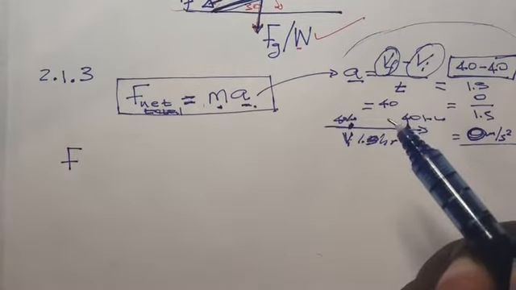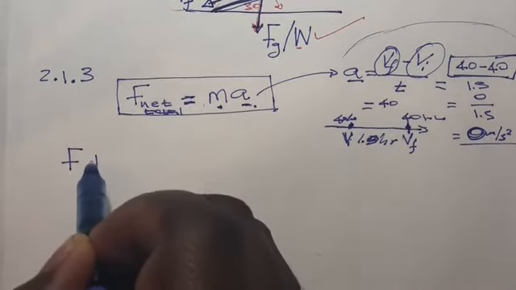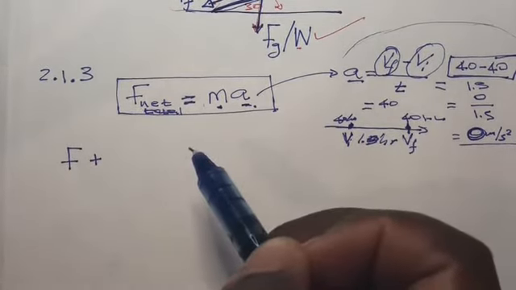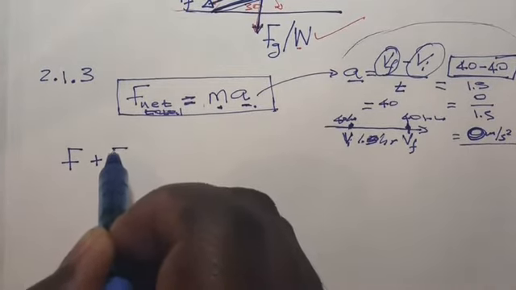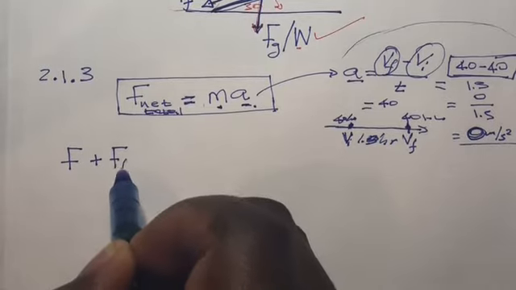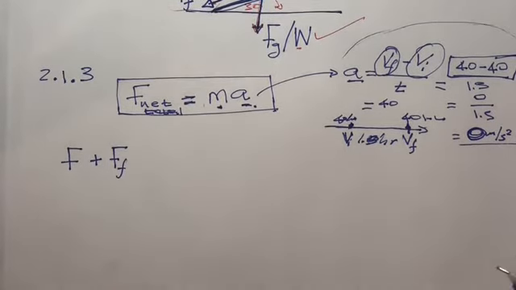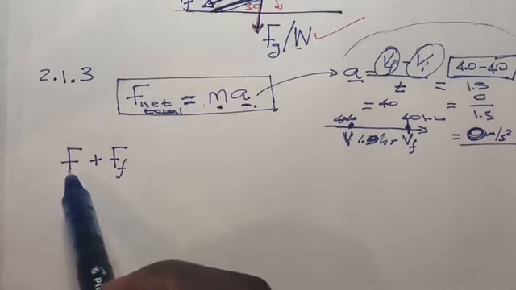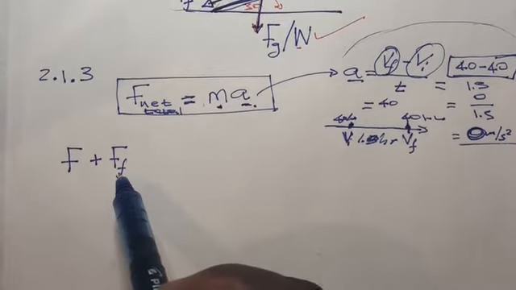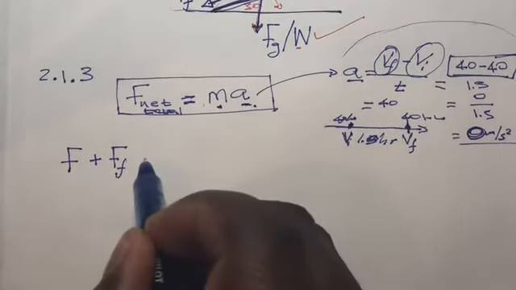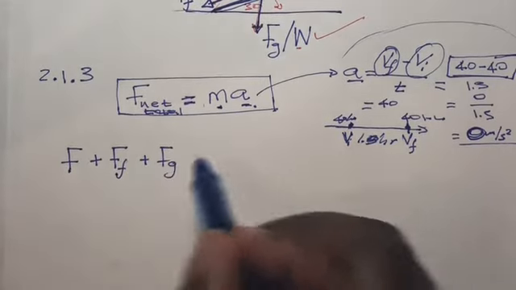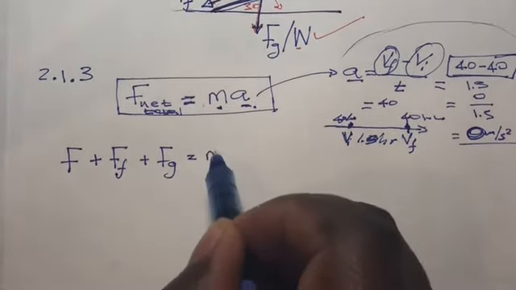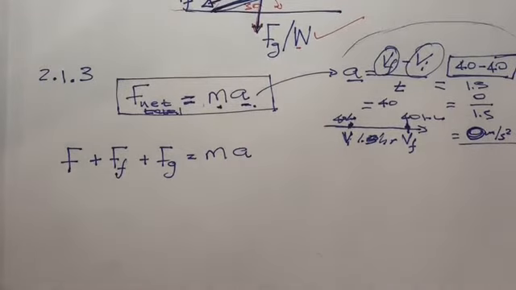So I've got the applied force, plus I've got the force of friction. So this is the format that I usually follow. I start with the applied force followed by the frictional force. From there, that's when I add the force of gravity, and I can then equate it to MA.